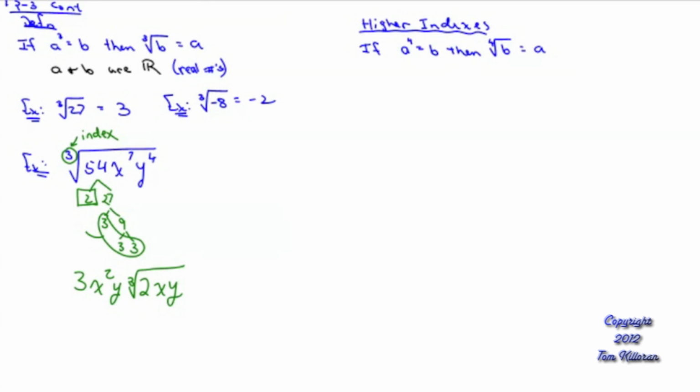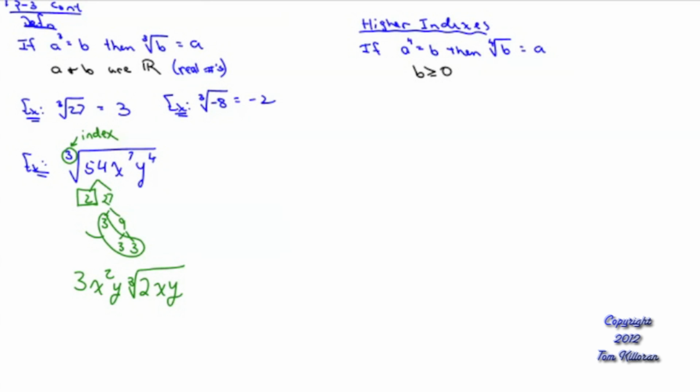Not very often that you see a fourth root, but they do crop up. Okay, is there any restriction on b? Is there any restriction on the value of b? If you take a number and multiply it together 4 different times, what are you guaranteed always? A positive number. So right off the bat, b has to be positive.